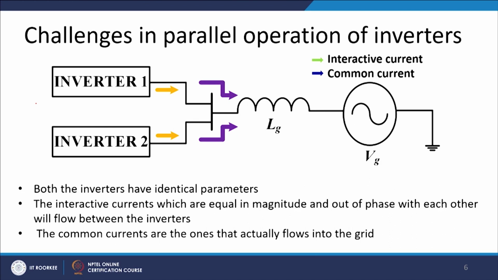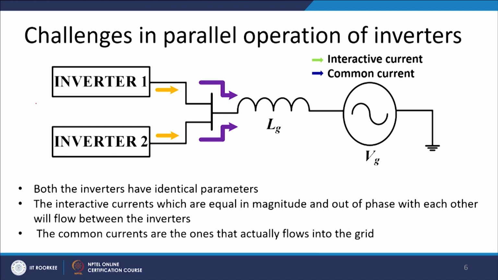In this parallel configuration, we can see two components of output current in each inverter. The first component is the interactive current component which flows between the inverters. This current component is equal in magnitude and out of phase with each other.